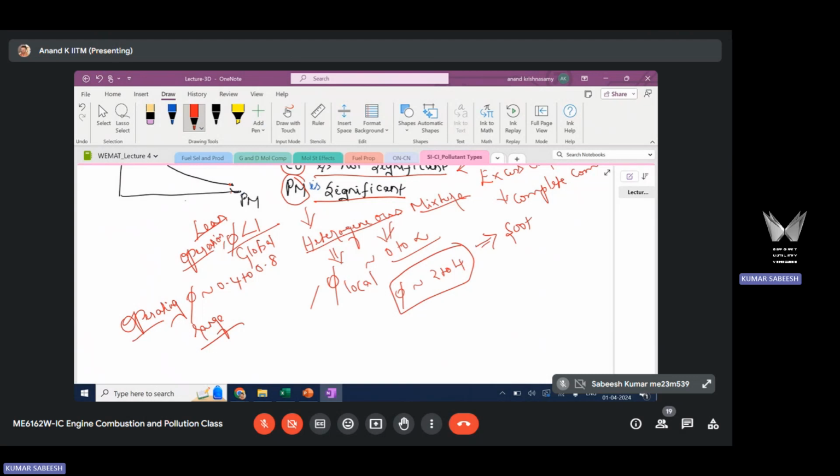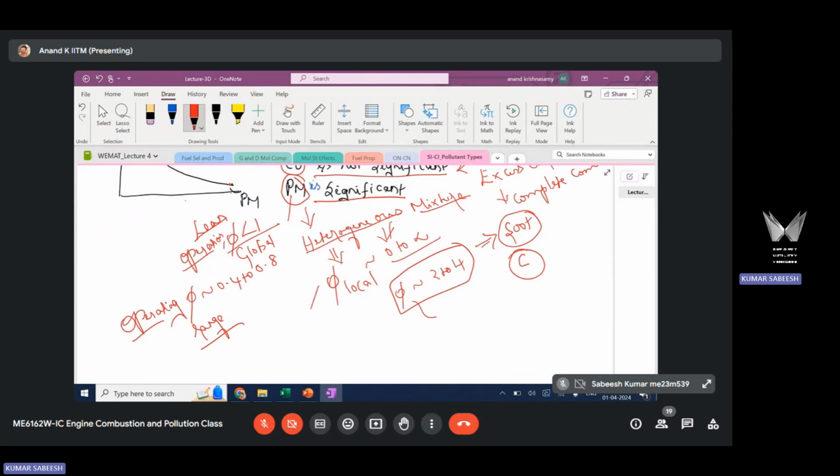So particulate matter emissions are significantly high in diesel engine because of this heterogeneous mixture, causing local fuel-rich regions, resulting in solid carbon, which is soot formation. Soot is nothing but solid carbon, something like C9, C10. So it's basically a carbon particle that we call soot.